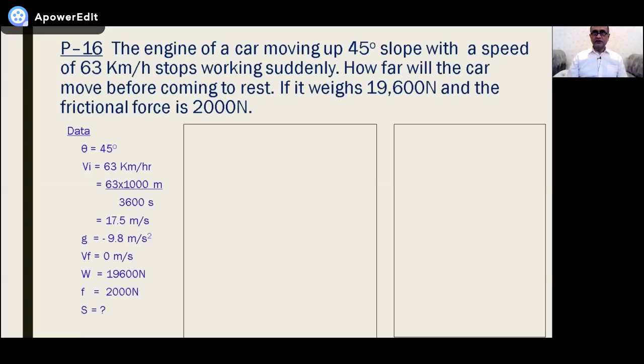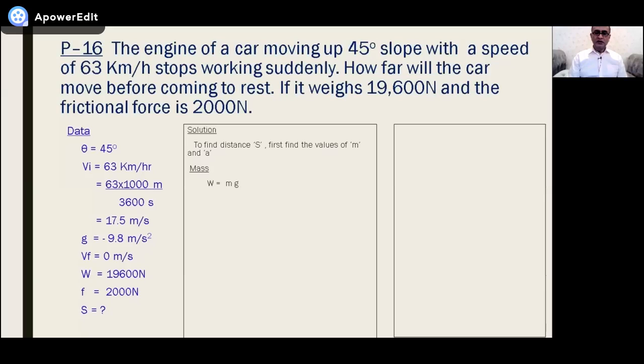And again, we have to find the distance. All right. As I told you, first we will convert weight into mass, right? To find the distance, we'll need the values of M and A. What is M? Mass of the body. What is A? Acceleration. So how can we find mass? W is equal to mg.